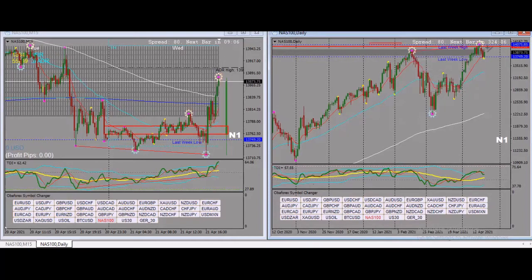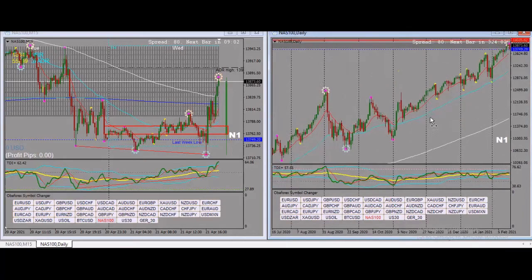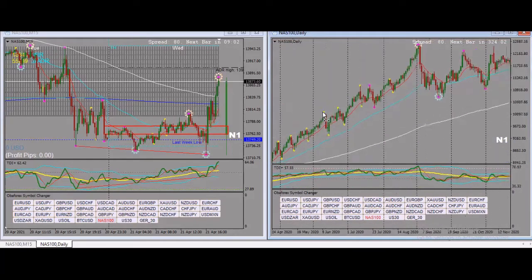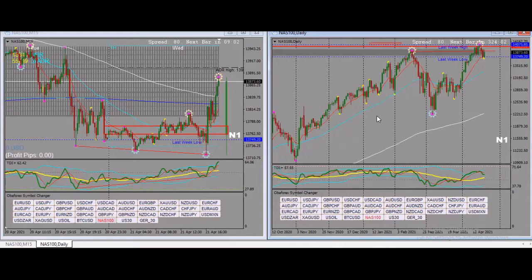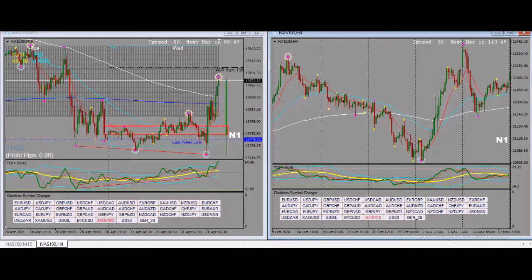Okay, and in this case, you will notice that there's been a constant bullish run for some time. If you just scroll down there, you see that the market is constantly going up, up, up. So what we want to do is to identify a nice area for an entry.